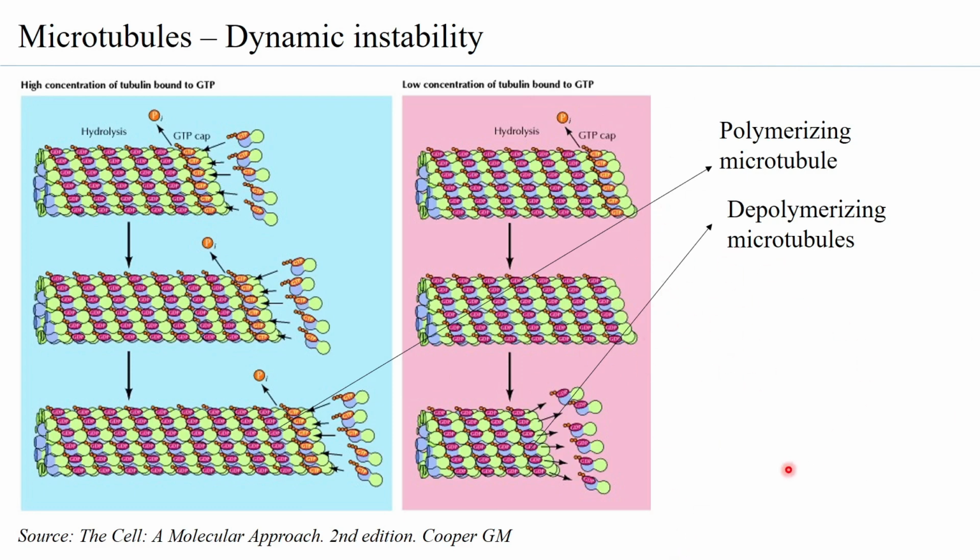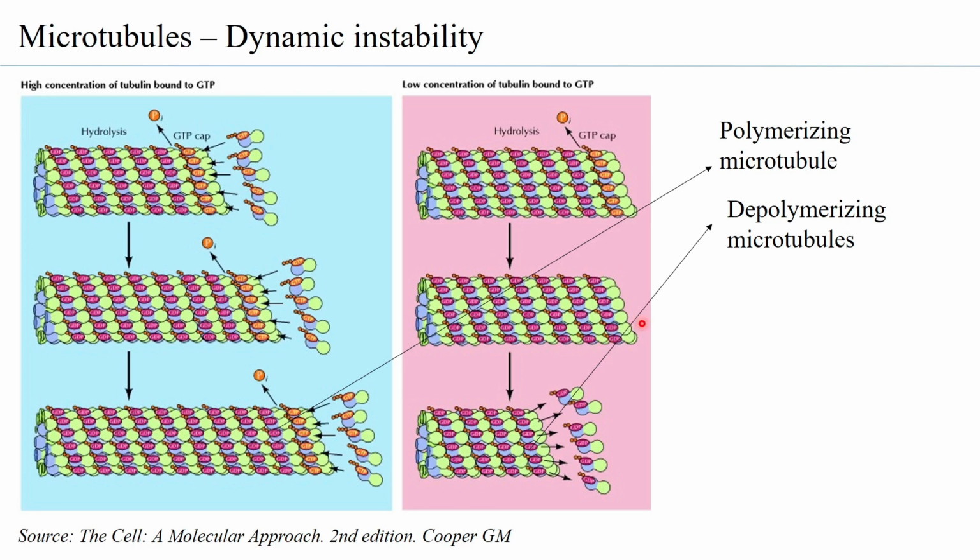So what is happening in the cell is there is now no equilibrium between the heterodimer concentration and the heterodimers that are present in the filament. And so to bring it back to equilibrium, what is going to happen? The heterodimers in the protofilaments are going to be releasing themselves. So disassembly will happen, and slowly you will again have equilibrium between the concentration of the heterodimers in the cytoplasm with respect to the concentration of heterodimers in the filament or in the microtubule.